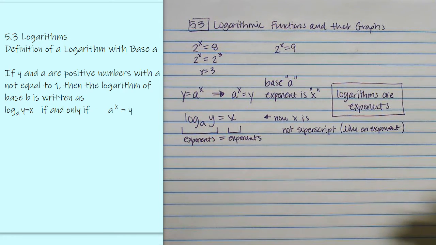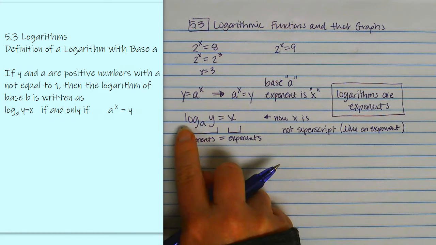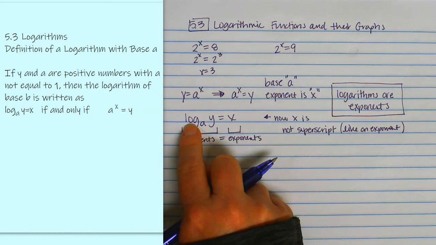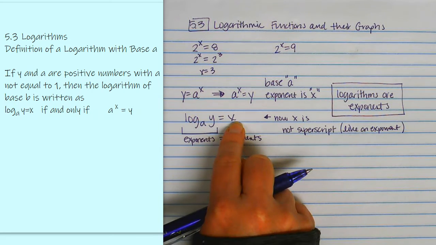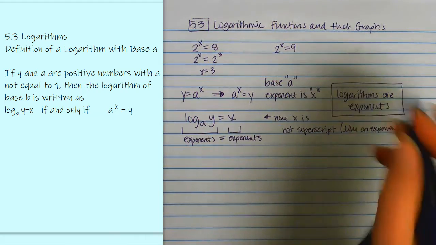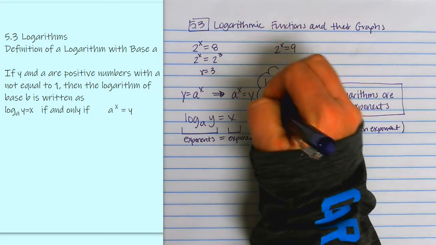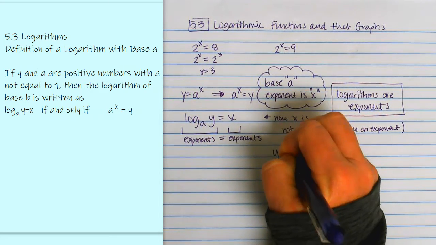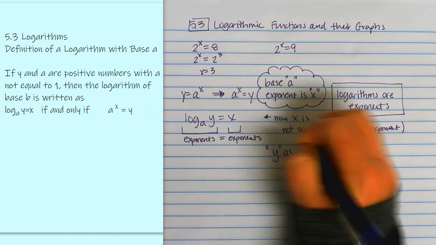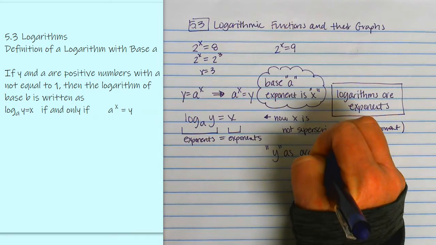So I need to describe one more thing to you. Now that we've decided that log base a of y, and I didn't really name what y was before, equals x, which is an exponent, we need to define y as the argument.